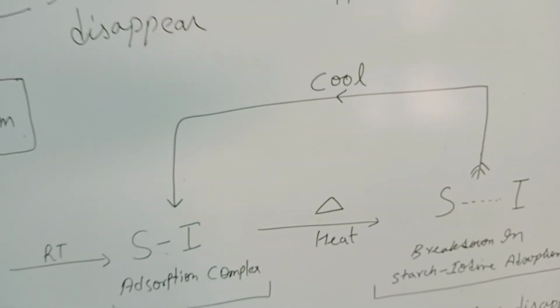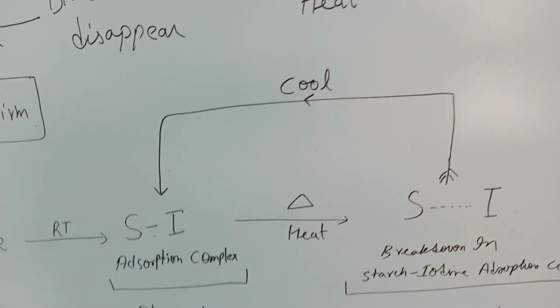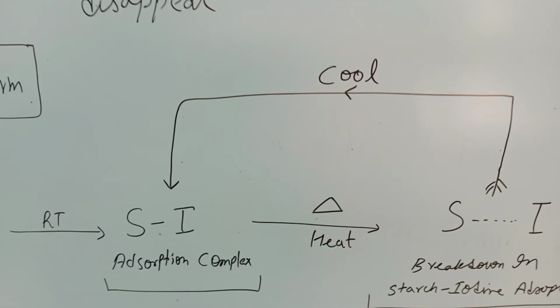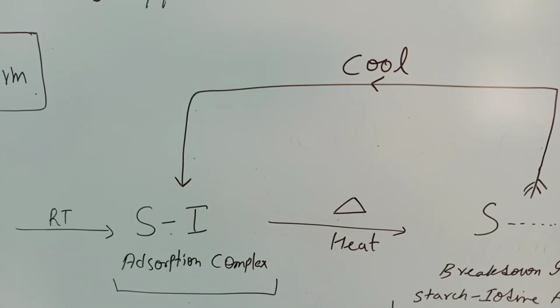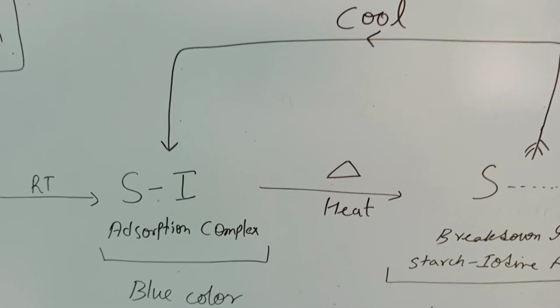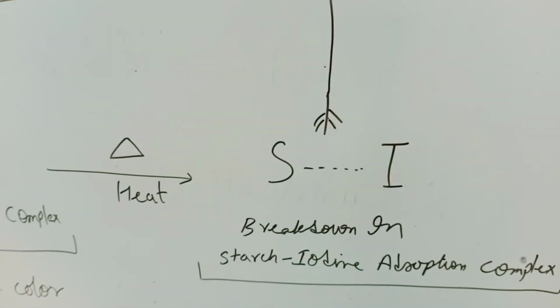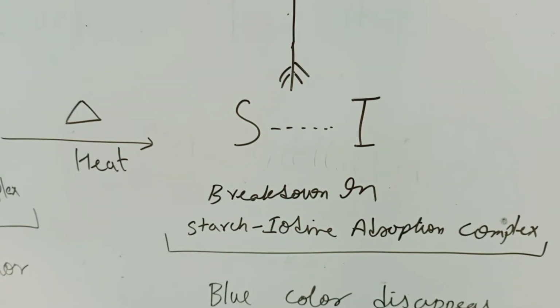Here I make a cycle: at room temperature the starch reacts with the iodine and forms a complex resulting in blue color, and upon heating there is a breakdown in the adsorption complex and the blue color disappears.